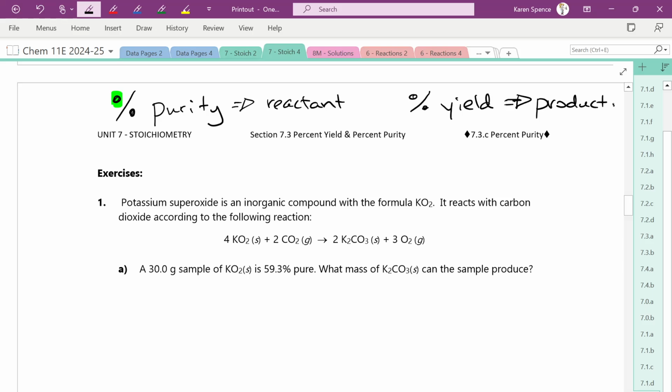And if you get bored with this, you can go and work ahead on 7.4, because if you're like, okay, I understand all of this, don't need practice, 7.4 just throws in enthalpy.